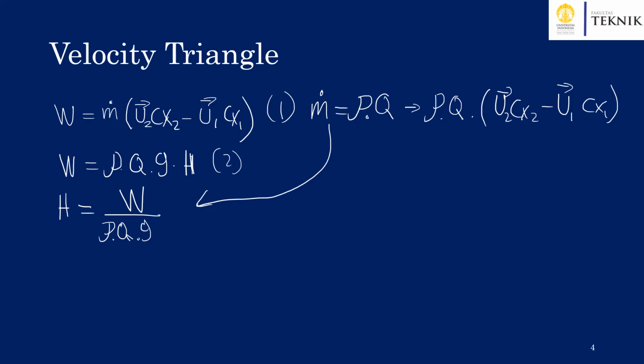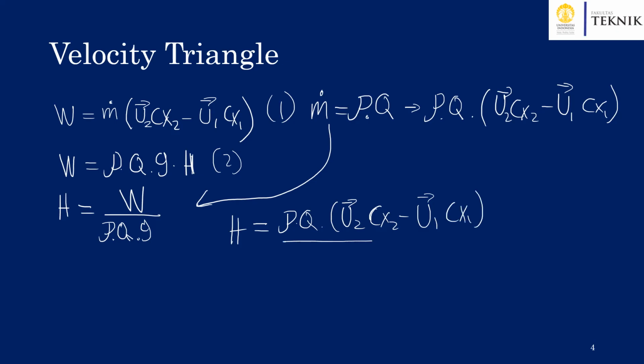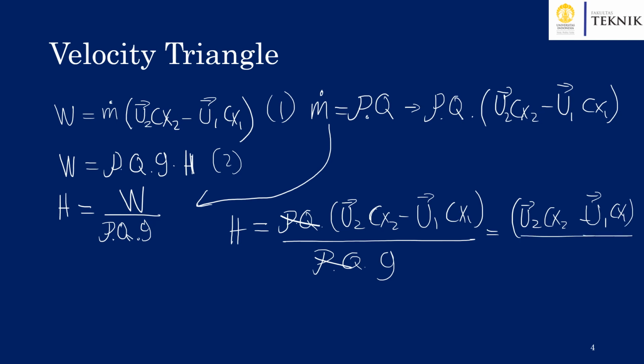So the head of a turbo machinery can be written as rho Q multiplied with u2 Cx2 minus u1 Cx1 divided by rho Q and gravity, and we can cancel these two. So the final form of the head is u2 Cx2 minus u1 Cx1 divided by gravity.